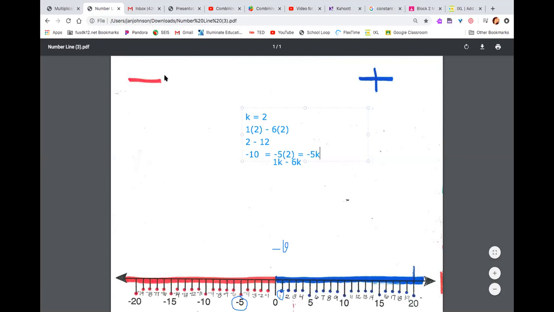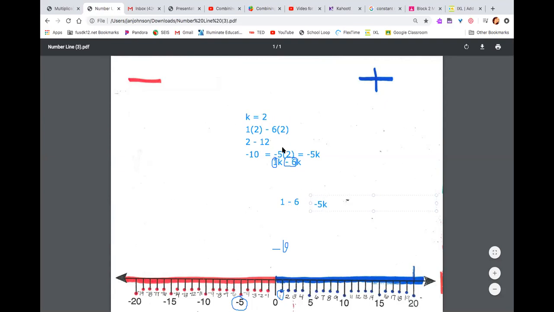The other way we can do it is we can draw all the pictures and we have to X them all out, but when we get negative numbers, that can be confusing. So I like to circle the number and circle the operation, which is minus, which is 1 minus 6. And then I'll rewrite the problem to something more familiar to me. Now I'm looking at 1 minus 6, and I can do that. I'm going to take my number line, take 1 minus 6, and I get negative 5, which means my answer is going to be negative 5, and I bring the k back.